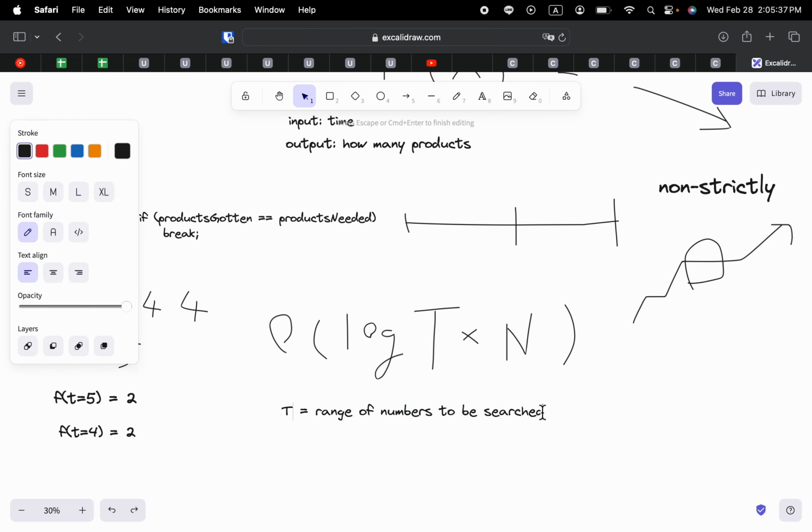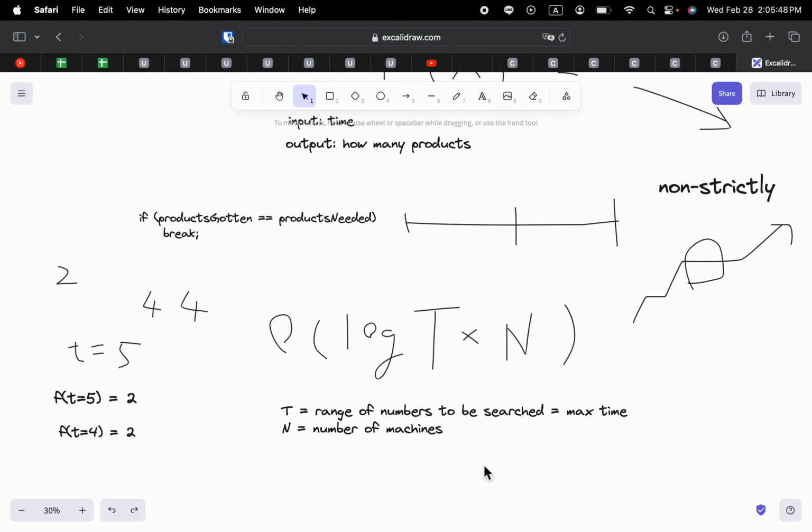T equals the range, and n equals the number of machines. Okay, we're done right now. T times n.